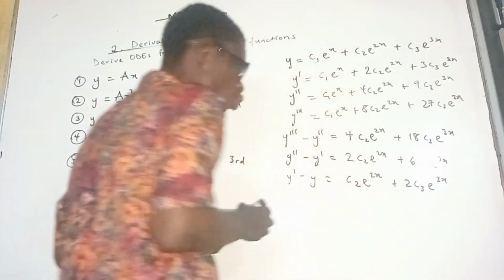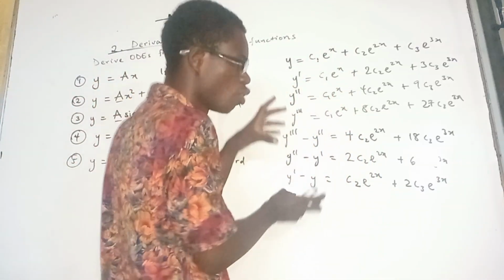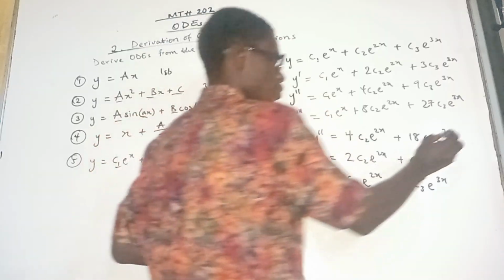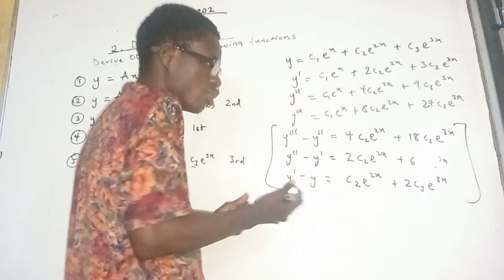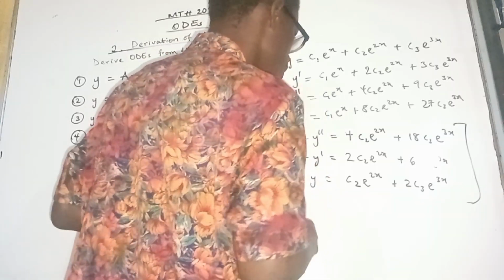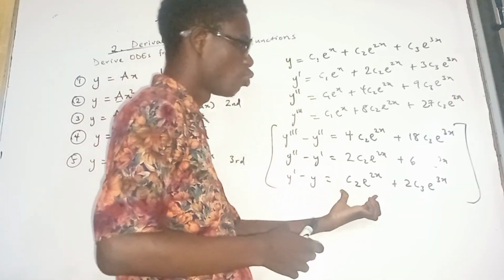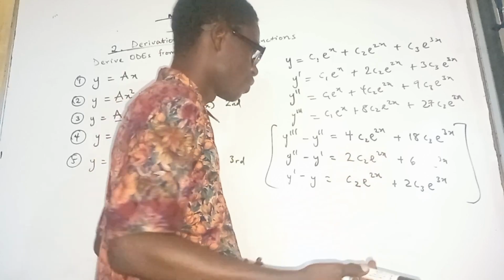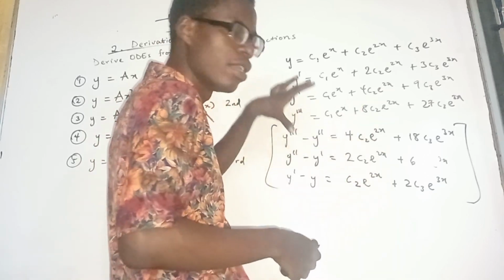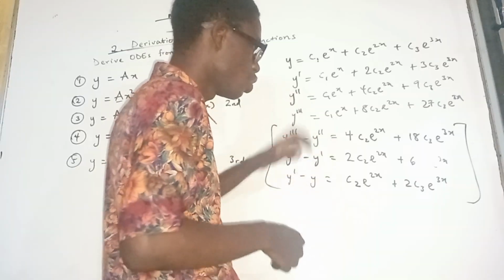So I still have to use other methods to make sure I eliminate all the constants within these equations. I have to continue my elimination method. So what do I do now? I can easily see that if I multiply this one by 2, I can eliminate c2, right? And if I multiply this one by 2, I can still eliminate c2. So I will come down to just two equations.